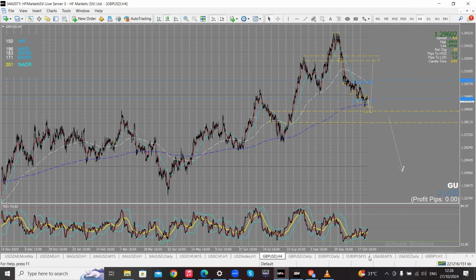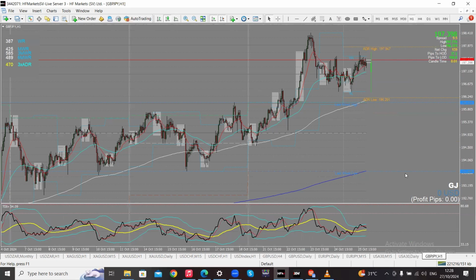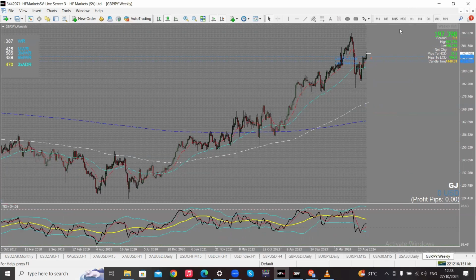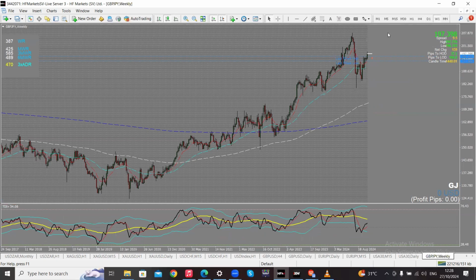So the next pair I'll look at is GBPJPY. According to the previous analysis that I also gave you, I did mention that price has been in an uptrend, and we can actually see a clear uptrend move, and price has been actually going up.